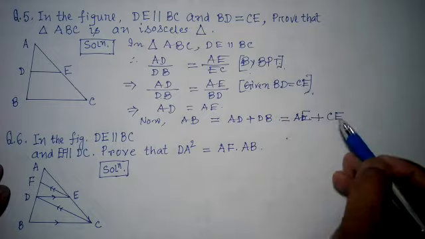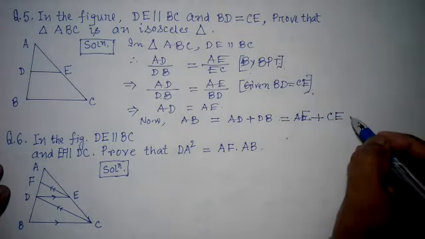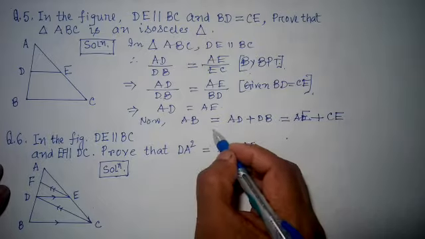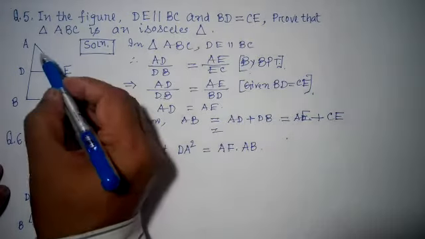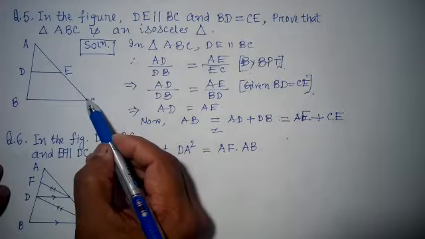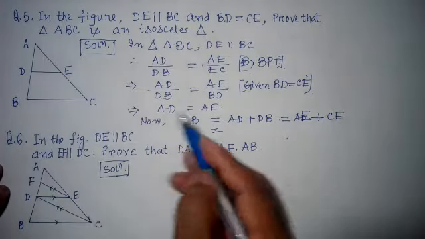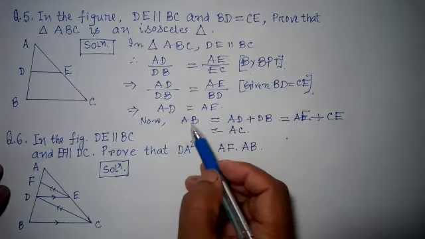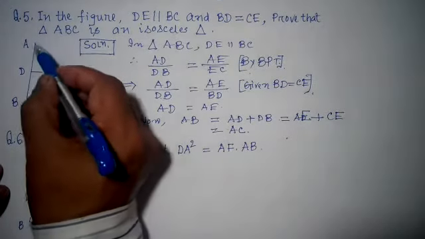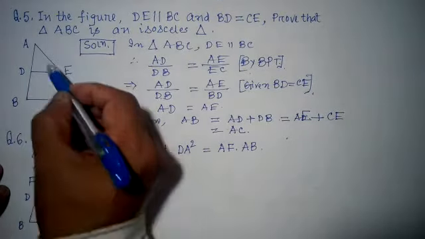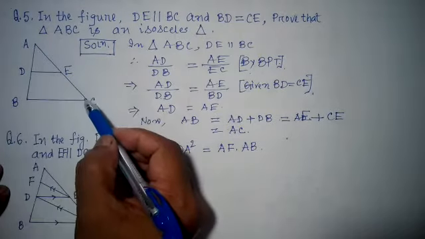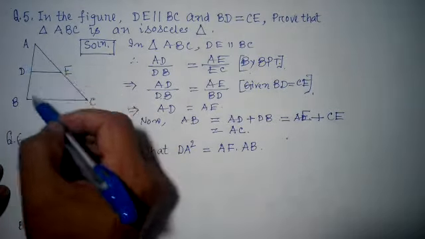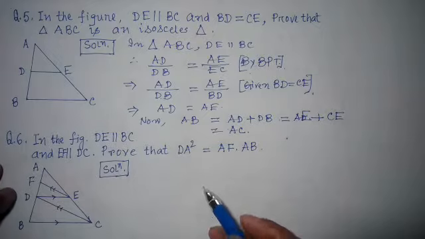DB is given as CE, so we write CE. Then it is equal to AE plus CE. Look at the picture, AE plus CE is AC. So we see AB equals AC. In triangle ABC, AB equals AC. Two sides are equal, that means the triangle is an isosceles triangle.